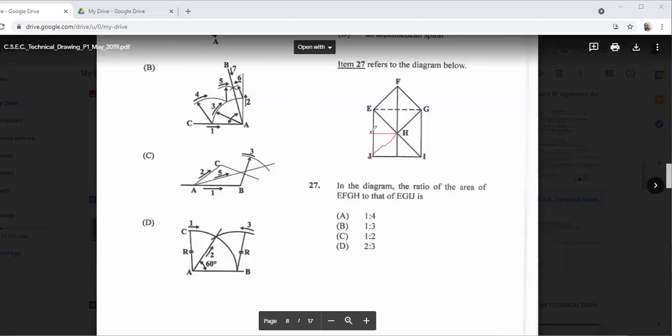Half, yes. So if we were to split this up into a number of parts like this, so here we'd have 1, 2, 3, 4, 5, 6, 7, 8, and this has 1, 2, 3, 4. So this has half the number of parts as this. So it would be 1 to 2.